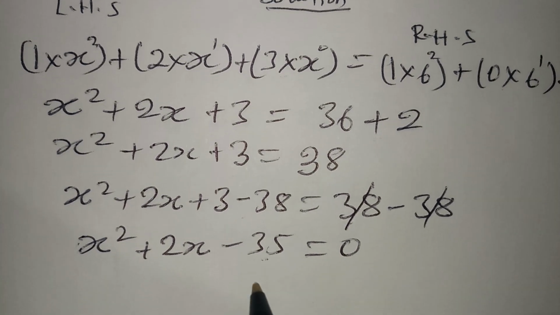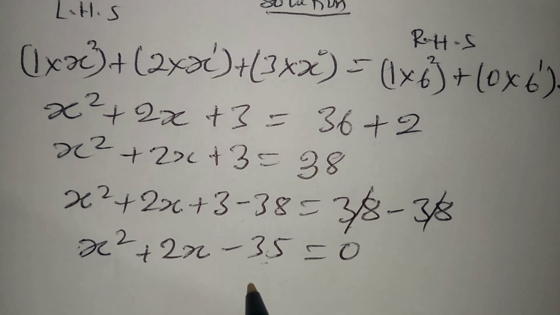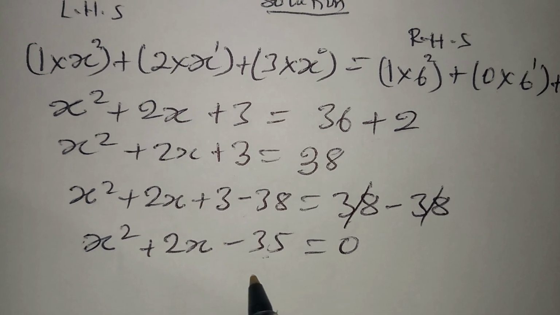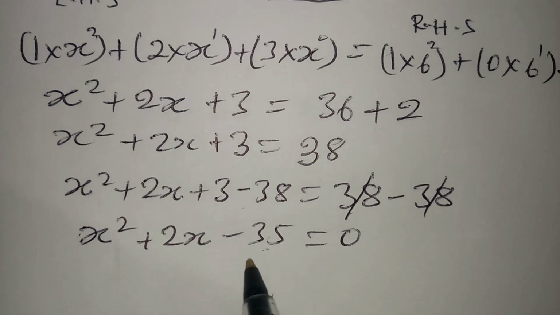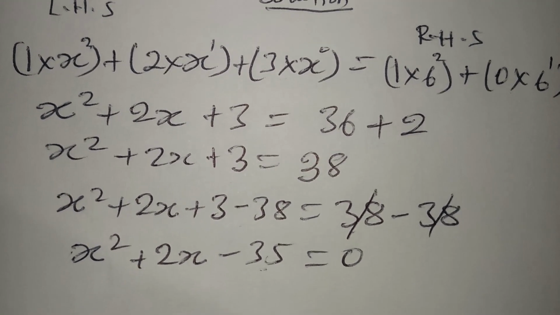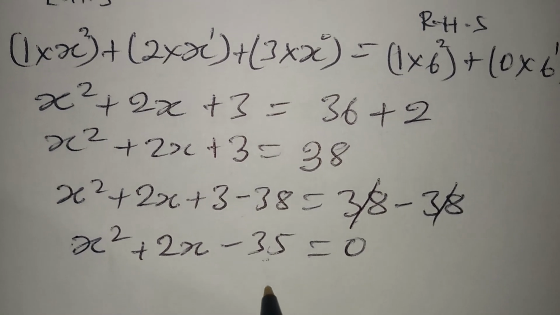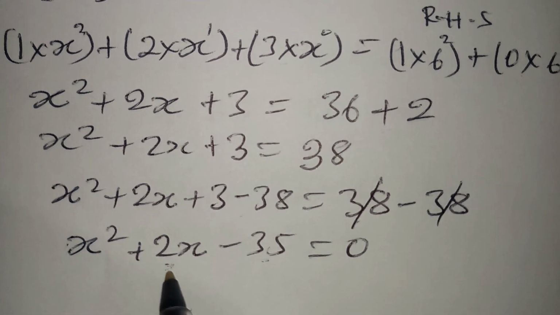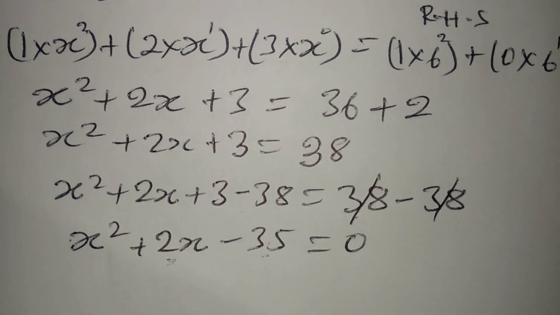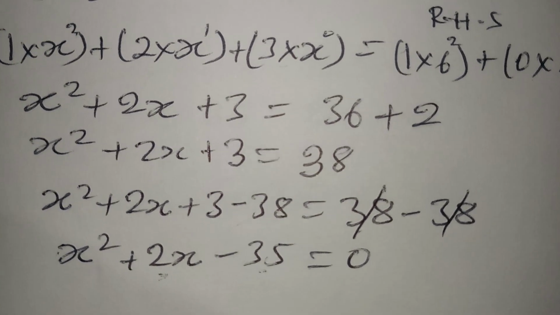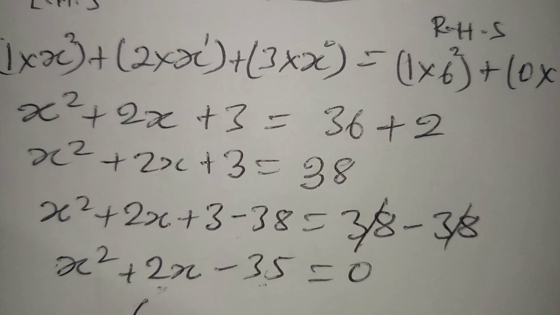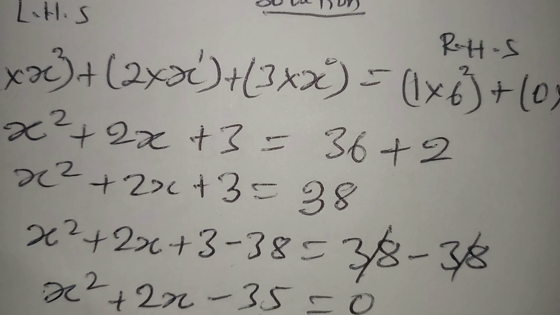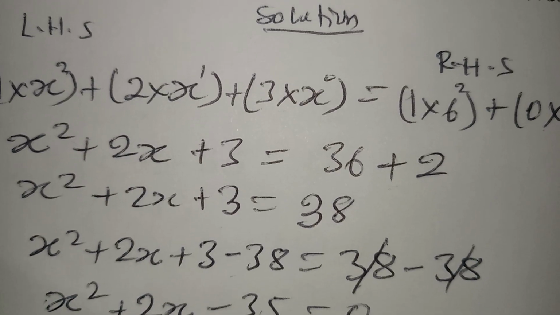Having gotten the negative 35, we then look for 2 possible factors that when we multiply, we should be getting negative 35, and when we add, we should get the coefficient of x here. With that, our 2 possible factors of negative 35 will be negative 5 and 7.